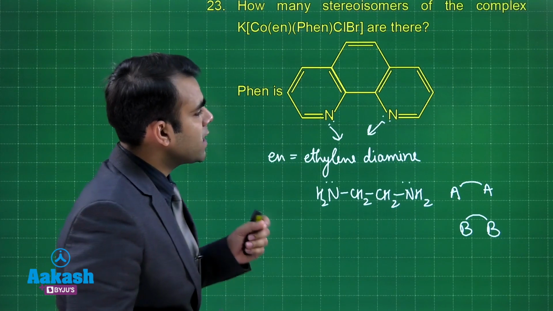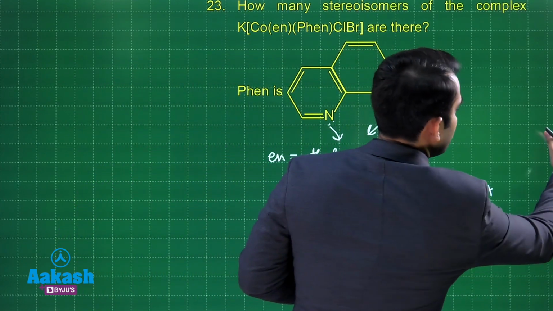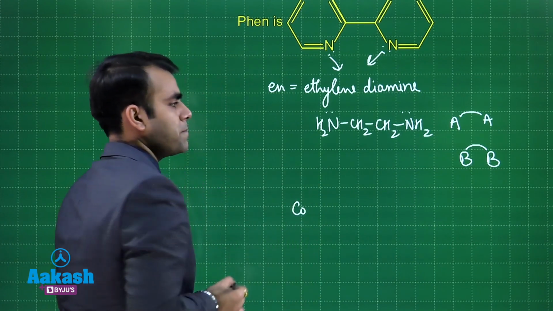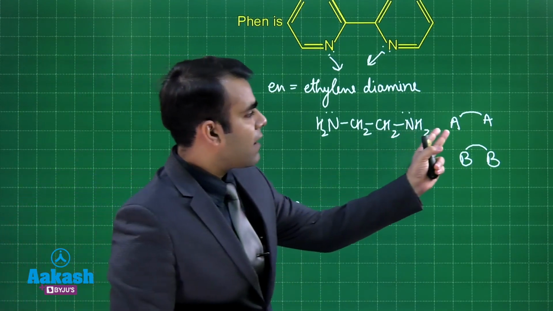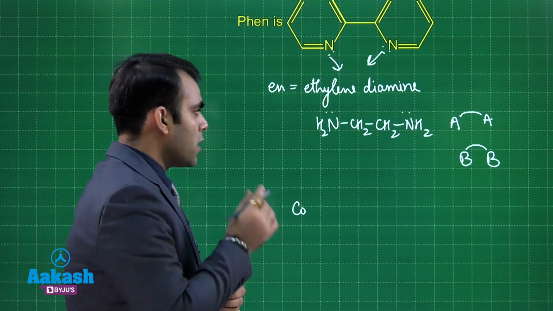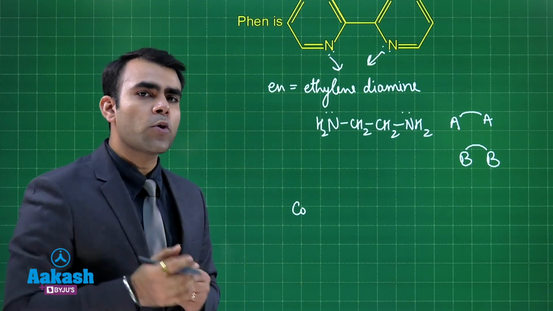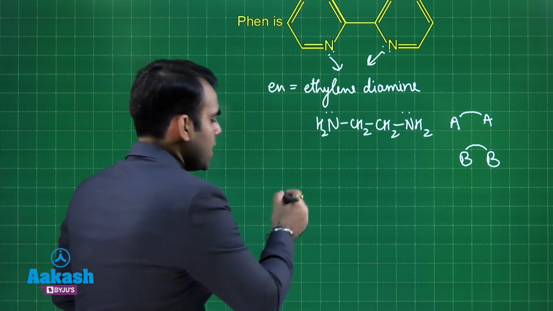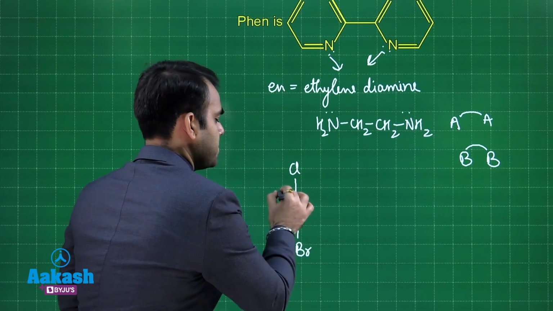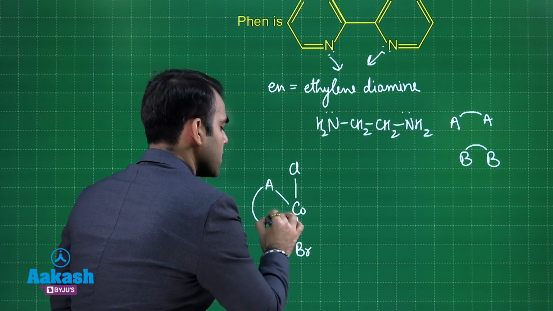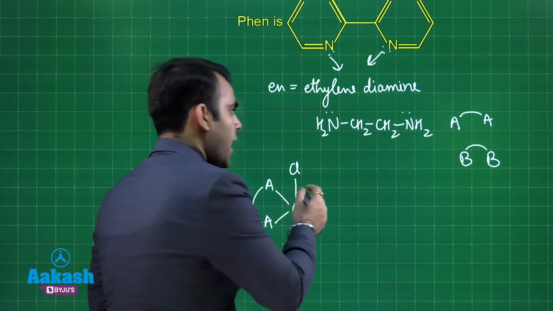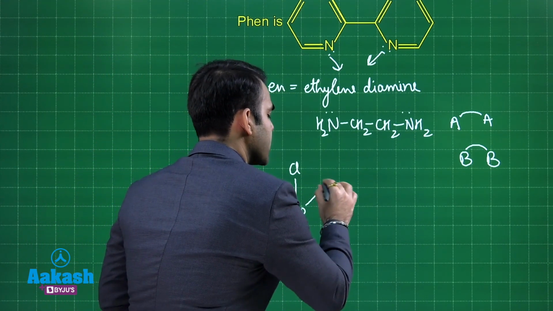Now let's draw the stereoisomers of this compound. So the central atom we have is cobalt here. Now in cobalt we have two bidentate ligands, and we have chlorine and bromine. Now first I'll draw chlorine and bromine trans to each other. So if Cl and Br are trans, and let's say this is our first bidentate ligand, that is ethylenediamine, and this is our second bidentate ligand, that is phenanthroline.